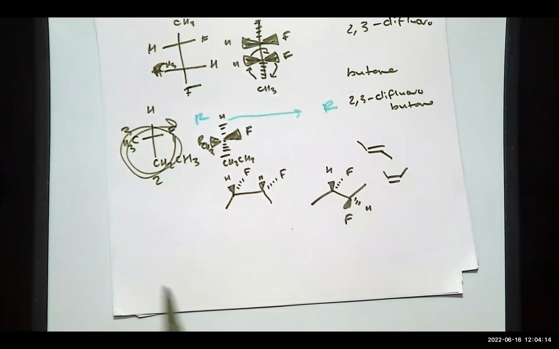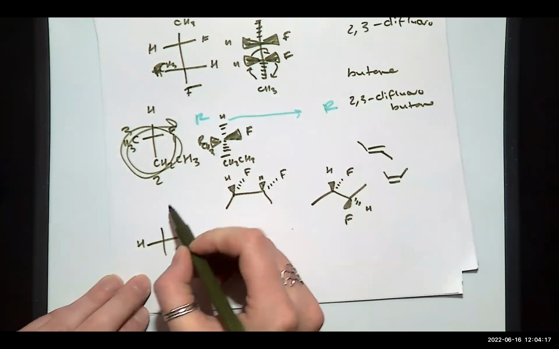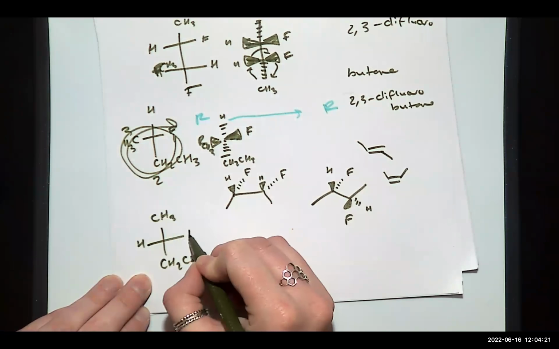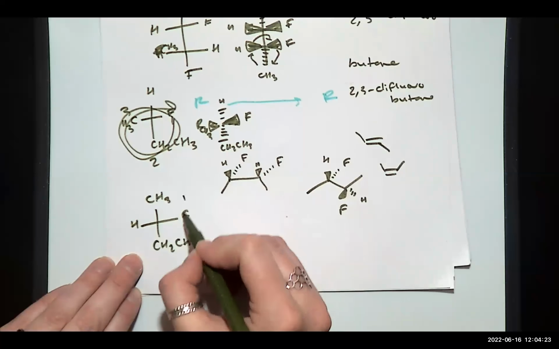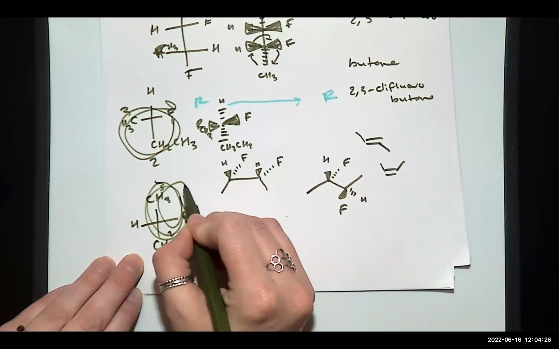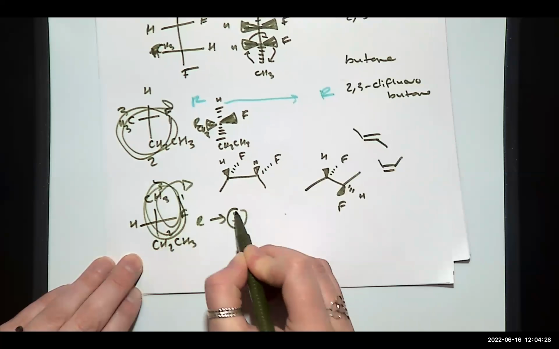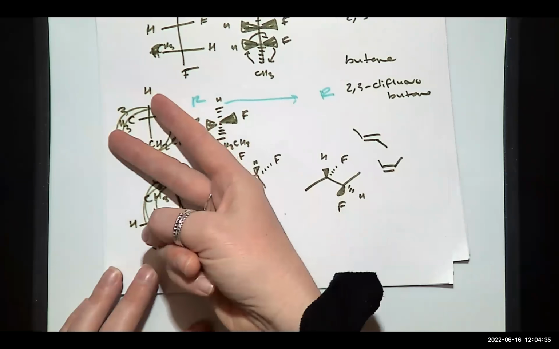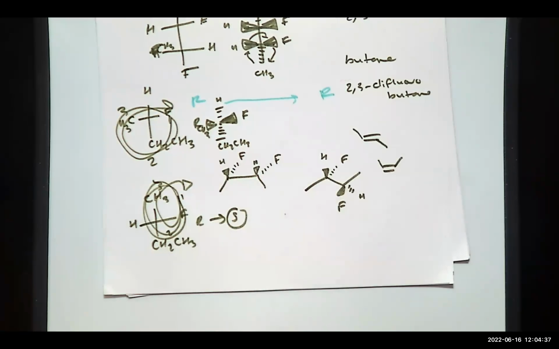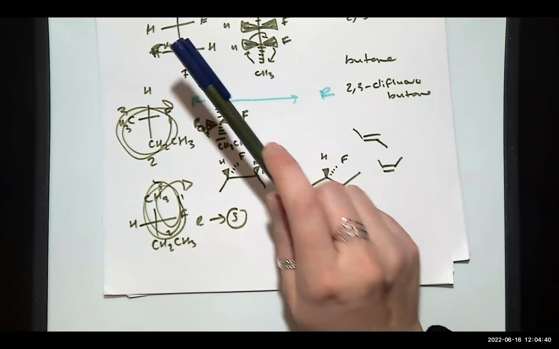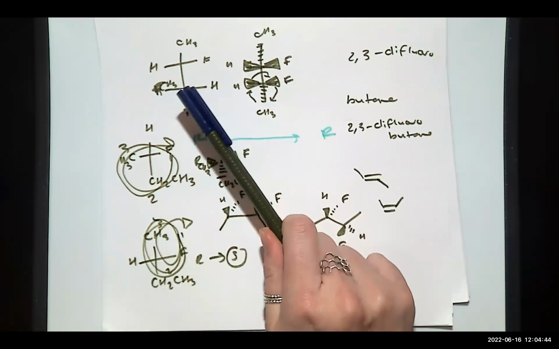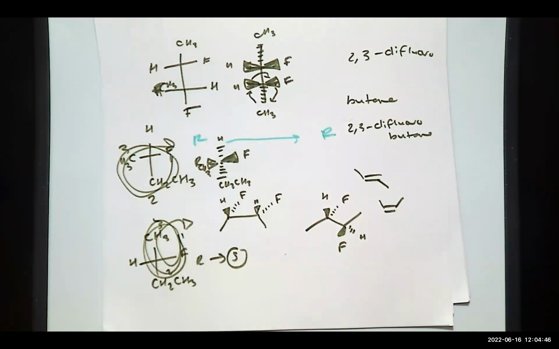But if your hydrogen is coming towards you, you can still just assign the priorities, get R, and then flip it and it's S. So either way works. Or you can physically break bonds and change it. That also works too. So what's convenient about these is they're easy to rotate and they're easy to assign R and S configuration to, and you don't have to do a lot of 3D visualizing of the molecule.